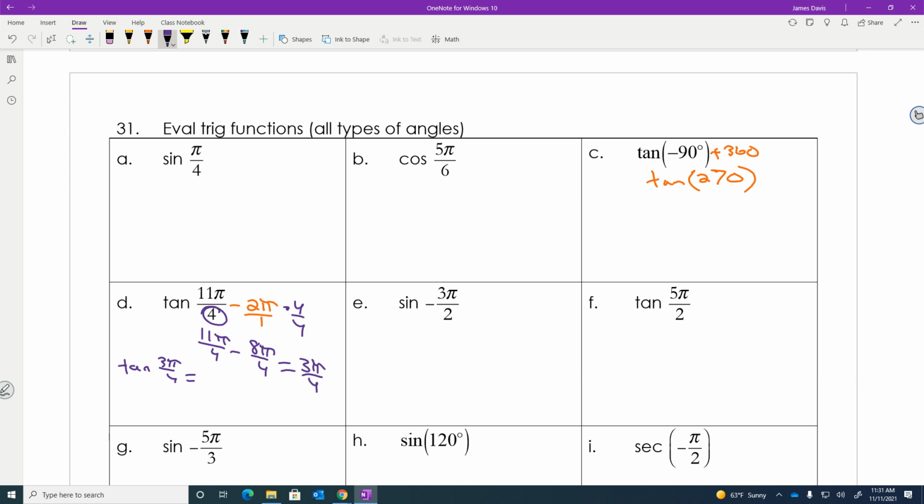But 3 pi over 4 on the unit circle is right here. The tangent is the y over the x. So that becomes radical 2 over 2 over negative radical 2 over 2. And those are the same, except for the sign, so we end up with just negative 1. All that, and we get negative 1.